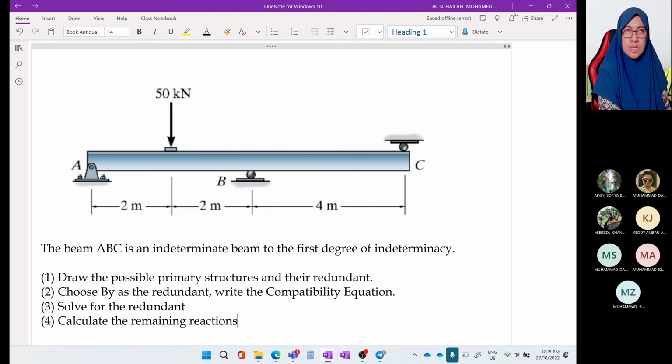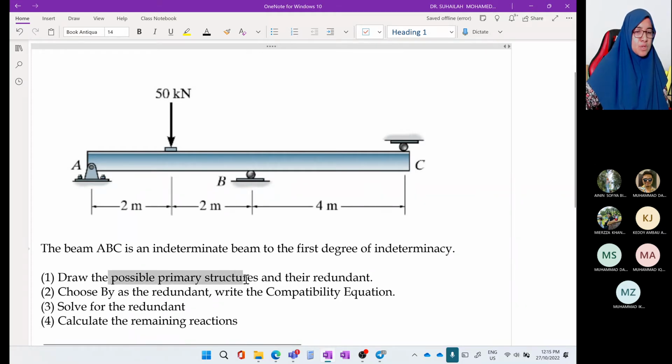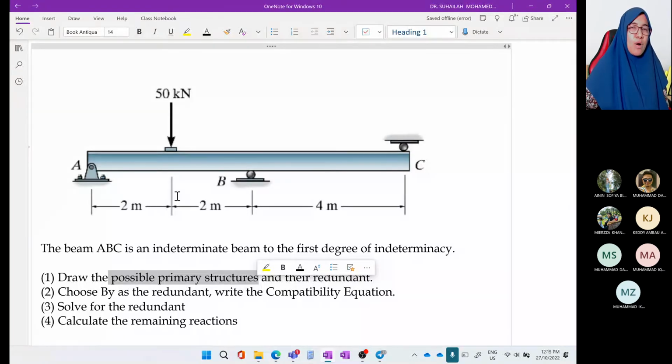These two diagrams, the cantilever beam and the simply supported beam, are called possible primary structures, because we have two redundant options, and each redundant will give us a different type of determinate beam.